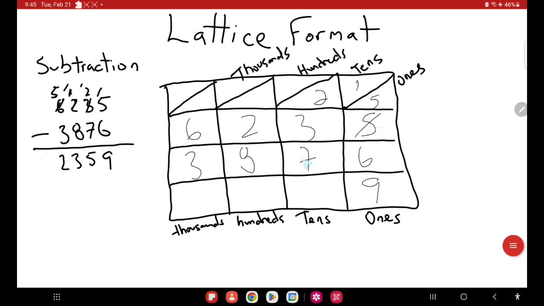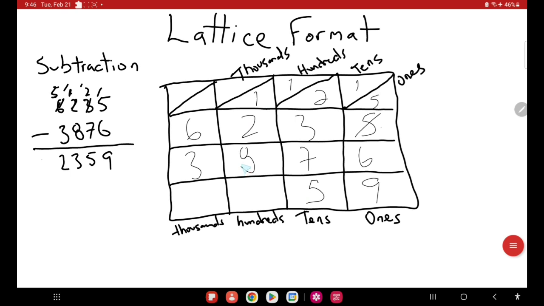So we cannot take away 7 from 2, so we're going to borrow from the hundreds, making that 1 hundred, giving 1 hundred over here, and that'll make that 12 tens. We can now subtract this from that to get 5.